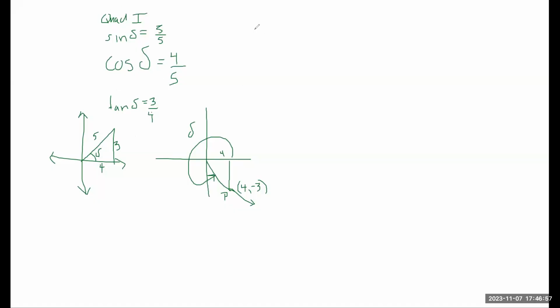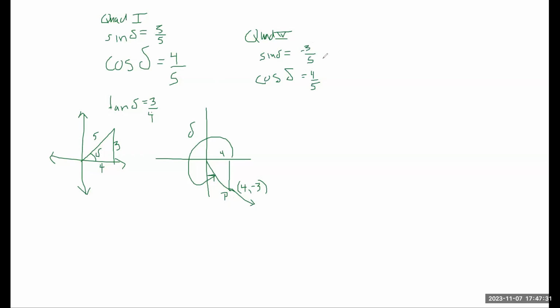But what happens if your delta terminates in quadrant 4? What's different? Well, the cosine is still 4/5. Cosine delta, make sure you put your angle on your trig ratios. But what's your sine value? Your sine value is the y over the r, and the y is now -3/5.